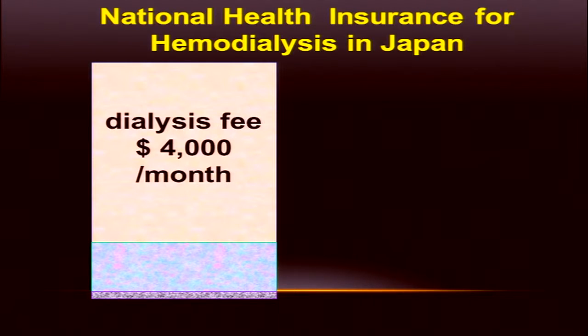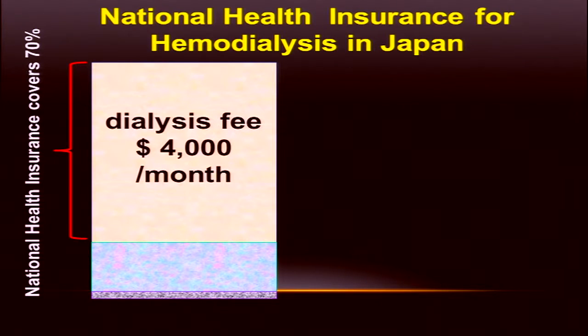It might not be a big issue how much the government pays. It's a big deal how much you pay. Out of $4,000 a month, our universal national health insurance covers 70%.